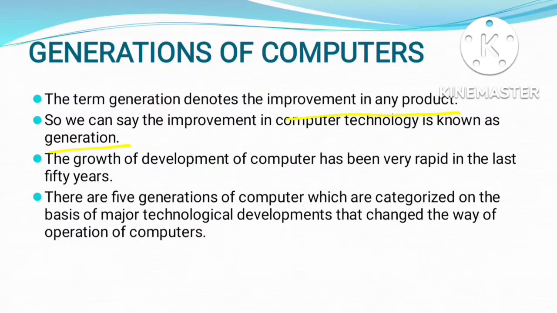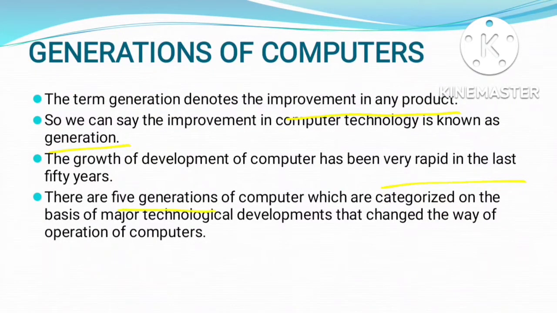Like this, the term generation denotes the improvement of any product. The growth and development of computers has been very rapid in the last 50 years. That means development has increased very rapidly.